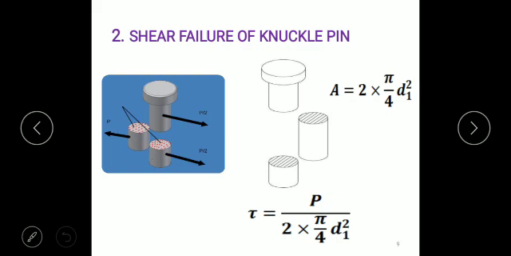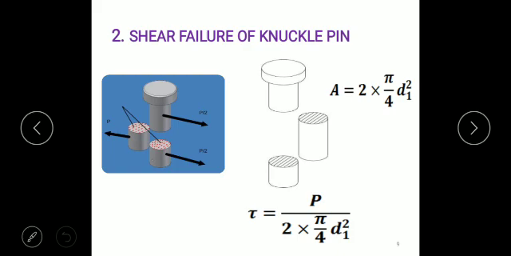As I discussed in the last lecture, whenever the pin is fitted in a large clearance hole, the large clearance may cause bending failure of the pin. But if the pin is fitted in a finger tight hole, then the pin may fail due to shear failure. Here the figure shows the failure of the pin in shearing.